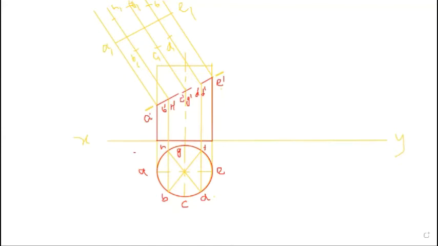Now we join by ellipse, by using the French curve or by freehand.